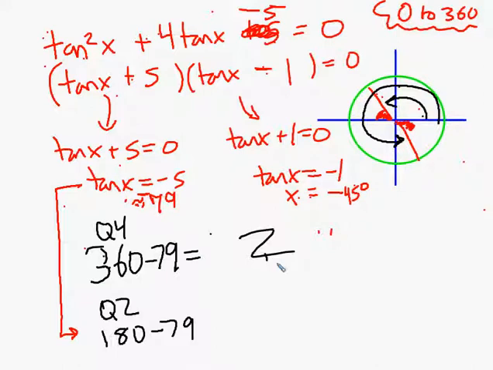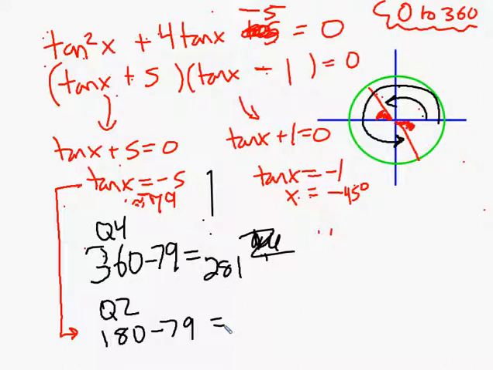So 360 minus the 79 gives me 281. And 180 minus the 79?